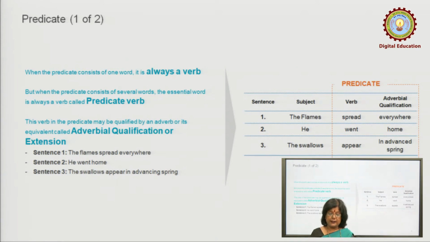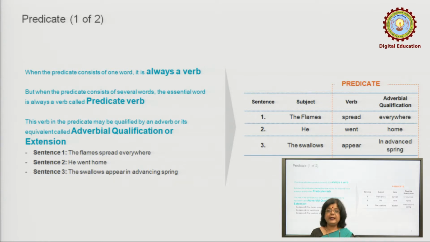This verb in the predicate section may be qualified by an adverb or its equivalent called adverbial qualification or extension. Let us understand it with some very simple examples. Sentence 1 is: The flames spread everywhere. Here definitely the flames will be under the section of subject. Verb is spread and adverbial qualification, which we just now talked about, will be everywhere.